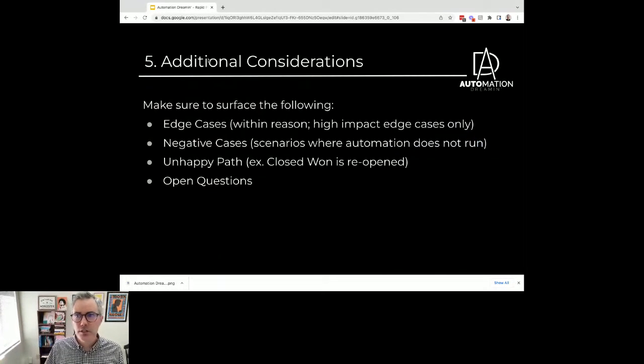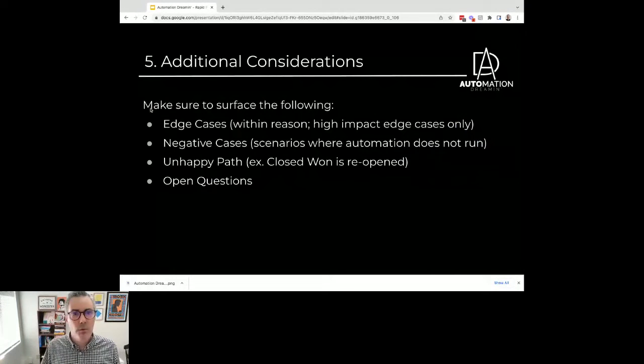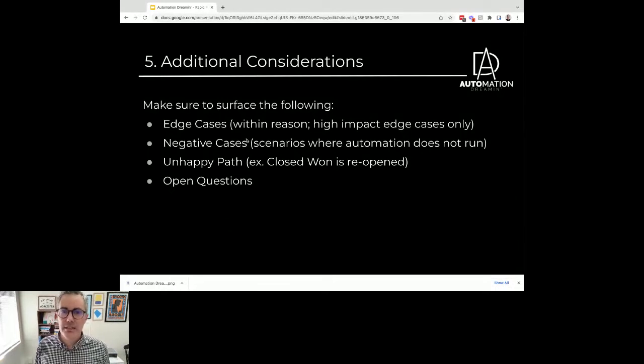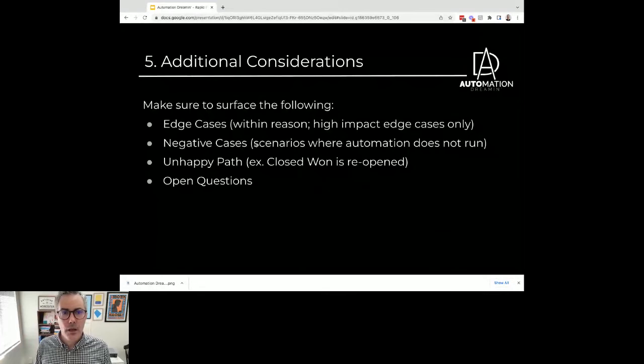Additional considerations very quickly. We want to make sure that we're servicing edge cases within reason, right? We're not trying to hit every single edge case, but think about high impact edge cases that stakeholders might not have thought about. Think about negative cases. And when I say negative cases, I mean scenarios where the automation doesn't run.